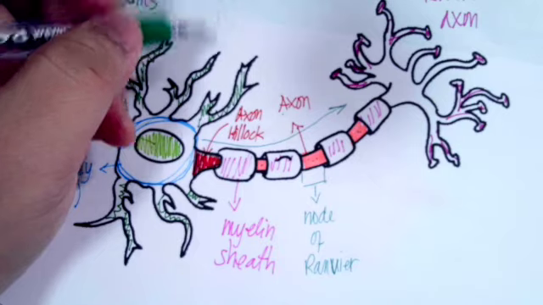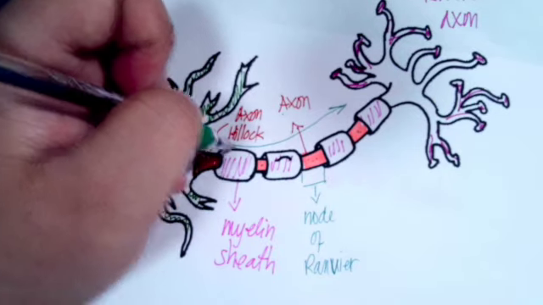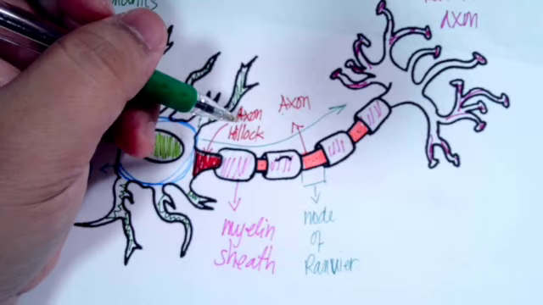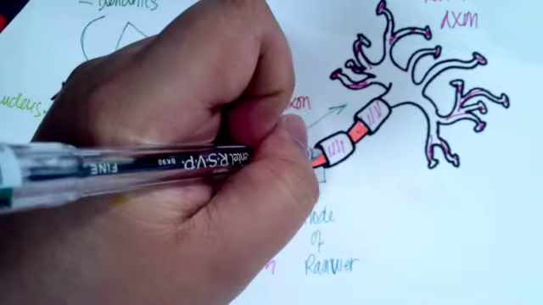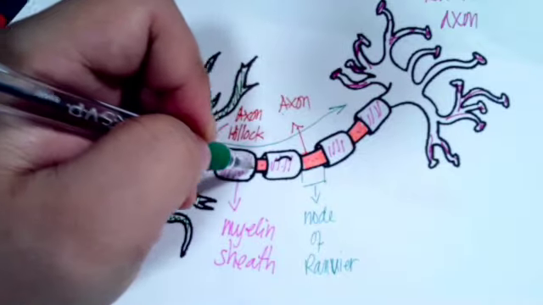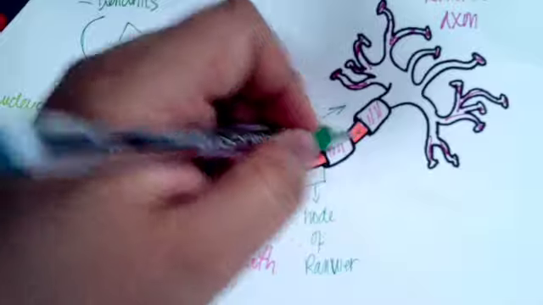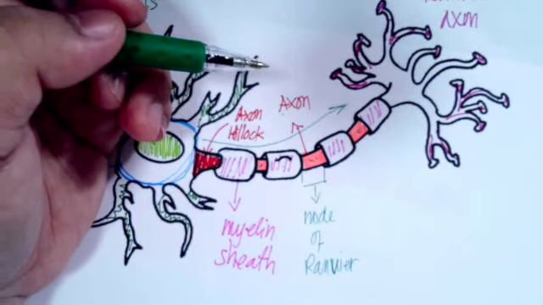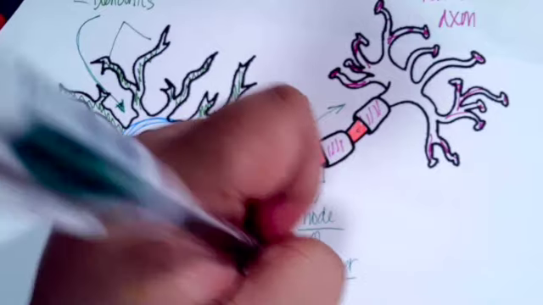Next is the myelin sheath. It's multiple layers of phospholipid that insulates the axons. And next is the node of Ranvier.